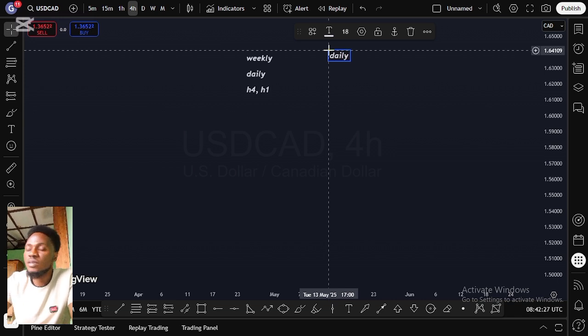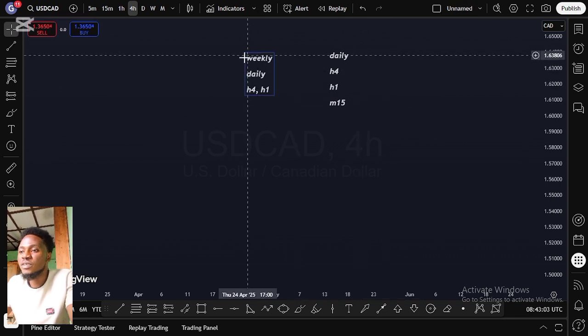They want to use the 4 hour, that is the H4, for their setup, and they want to use the H1 for their zones, and the 15 minutes, the M15, for entry. So that is what a typical day trader will do.